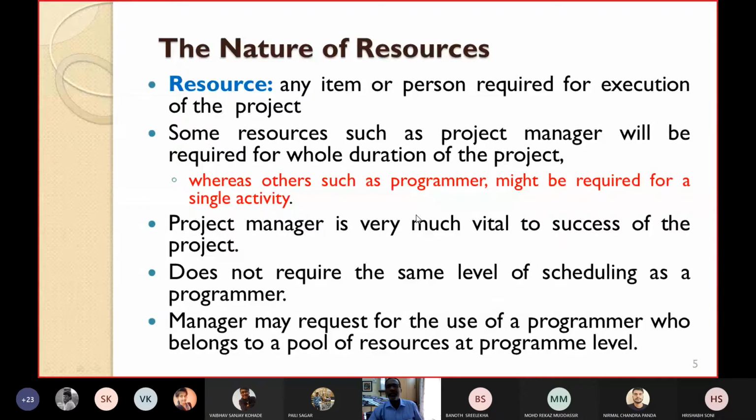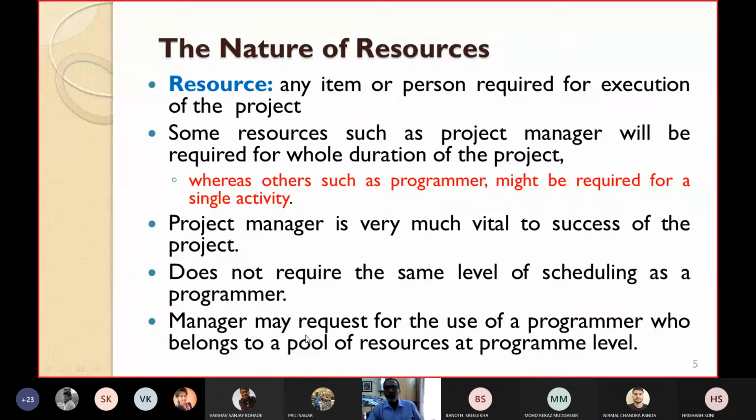So the success of the project largely depends on the efficiency of the project manager. The project manager does not require the same level of scheduling as a programmer, because a programmer is associated with only one activity, coding, but the project manager is associated with all the activities of the project.